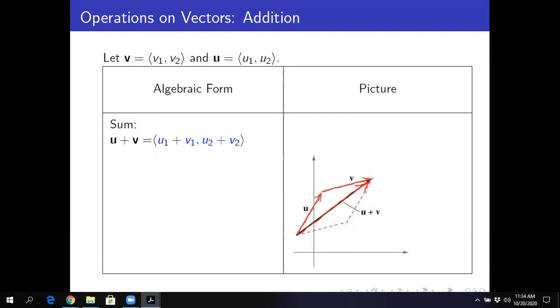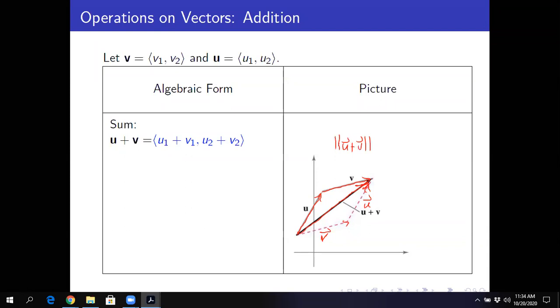Let me ask you a question. Stare at that picture for a minute. This is kind of cool. Do you guys realize that down here, that's another copy of v? And this right here, if I drew that, is actually another copy of u. Do you see that? So this is a little parallelogram, a helpful picture to have in hand. Here's one thing that I would ask you. What about the magnitude of u plus v?